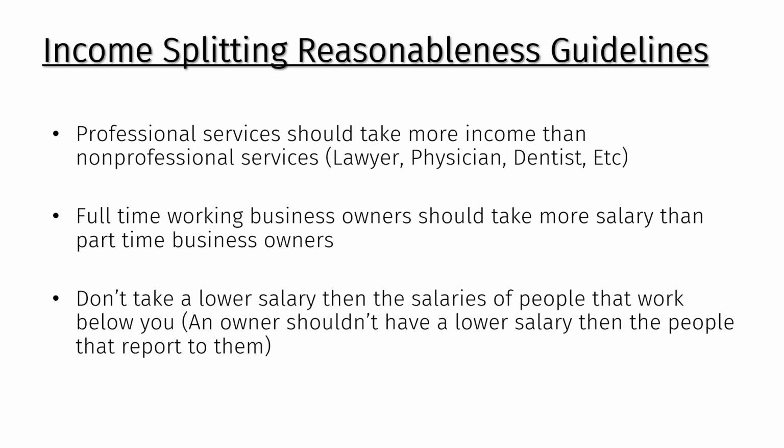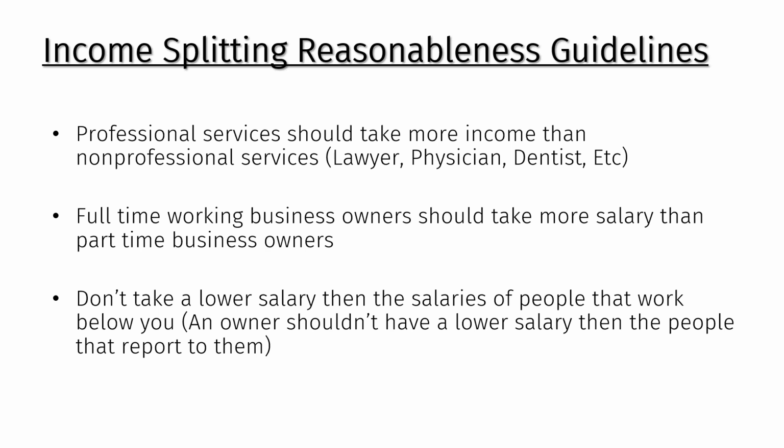The second guideline is that the full-time working business owner should take more salary than a part-time one. This is some of the leeway that the IRS gave us in determining what a reasonable amount is. You can look at whether this is just a side gig for them, or something they're doing on a seasonal basis. Maybe they do this 15 or 20 hours a week. It's not a full-time gig.